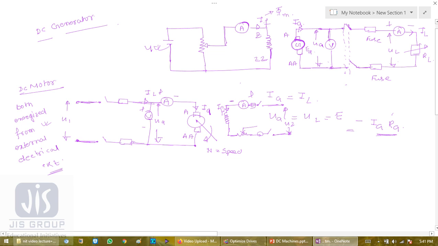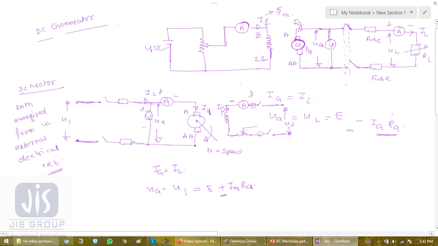So what is my network equation? IA equals IL, the same current is flowing, and UA, that is the armature voltage, equals this voltage U1, and this time it is E plus IA RA. So the sign got changed.